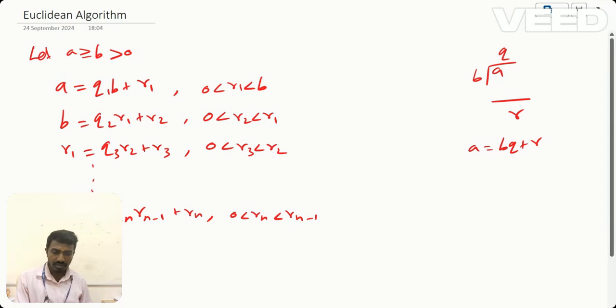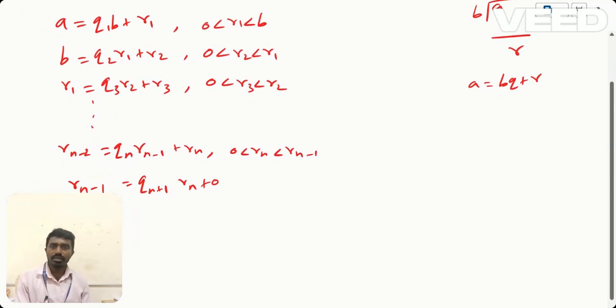In the next step, when Rn minus 1 is divided by Rn, Rn minus 1 equals Qn plus 1 times Rn plus 0. Hence, here the remainder is 0. If you get 0 as a remainder, then Rn, the last non-zero remainder, is the GCD of A, B. This is the Euclidean algorithm.